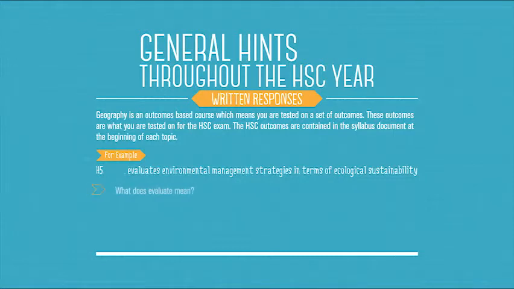So in other words, you need to be able to do more than just regurgitate the content of what the management strategies are for your ecosystem at risk. You actually need to be able to do an evaluation, which means you have to make a judgment based on some sort of criteria as to the value or the success of those management strategies.